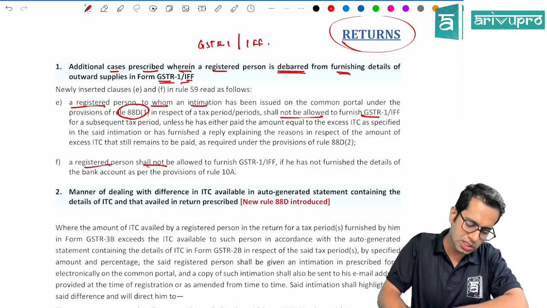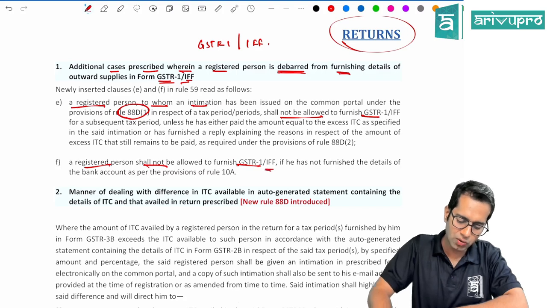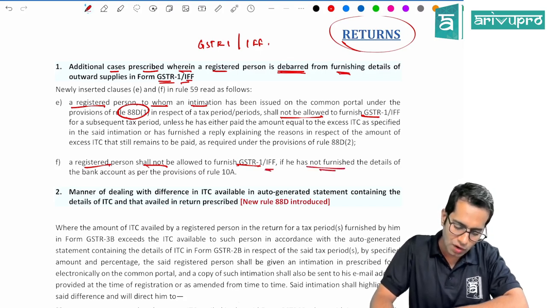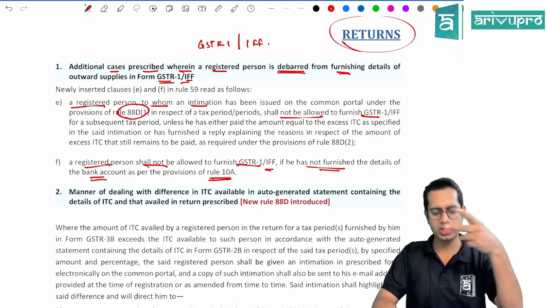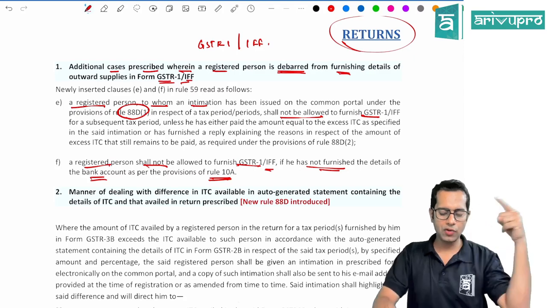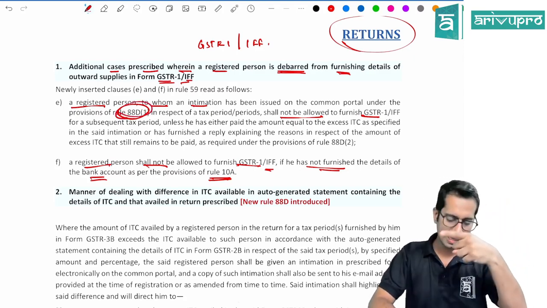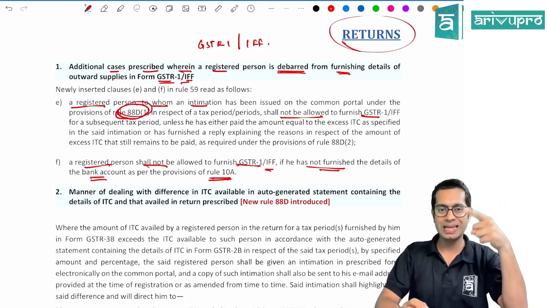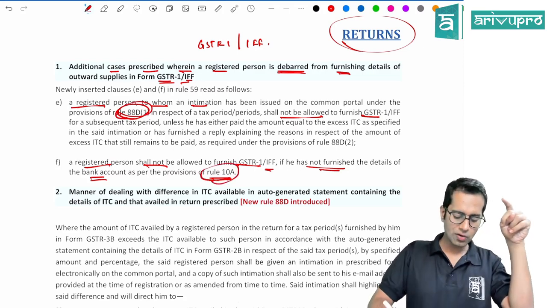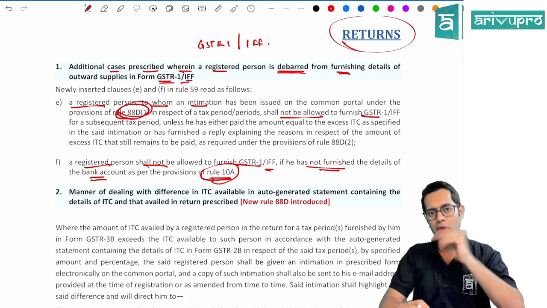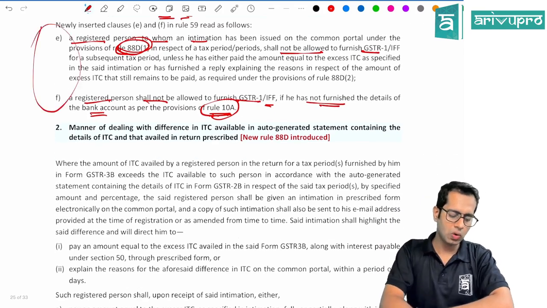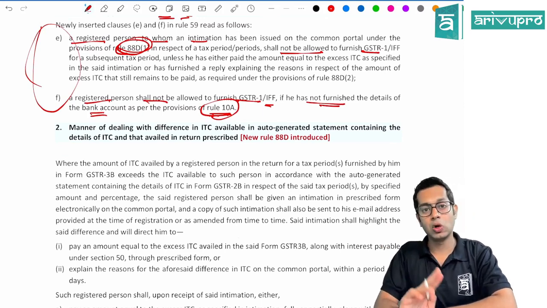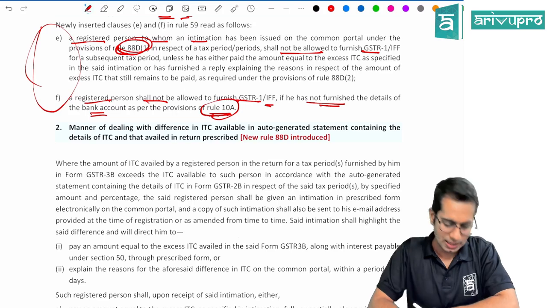Similarly, a registered person shall not be allowed to file his GSTR1 or use the invoice furnishing facility if he has not furnished the bank account details as mentioned in Rule 10A. So two extra points have been added. One, if you are not following Rule 88D, and two, if you are not following Rule 10A, wherein you have not uploaded the bank account details. If you don't do these two things, then you will not be allowed to file the GST returns.